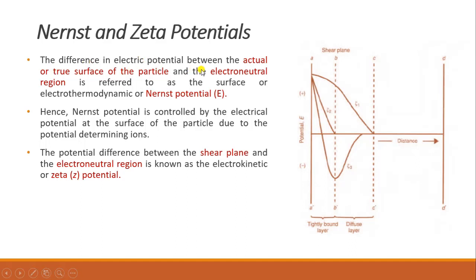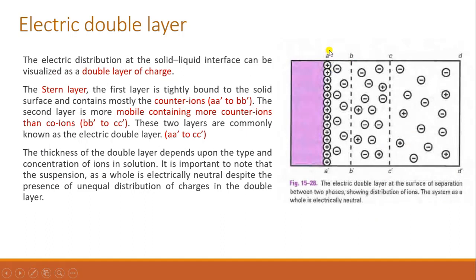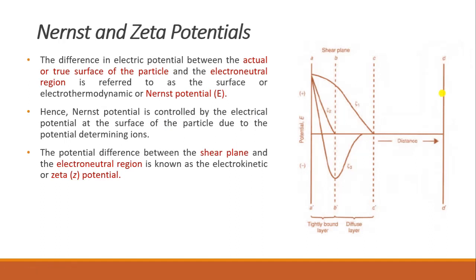The difference in electric potential between the actual or true surface of the solid particle and the electroneutral region is referred to as surface or electrothermodynamic or Nernst potential. That means the potential at AA dash and the electric neutral region. Nernst potential is controlled by the electric potential at the surface of the particle due to potential determining ion.